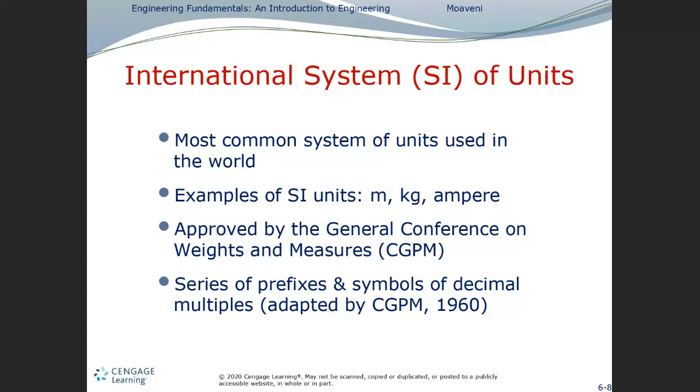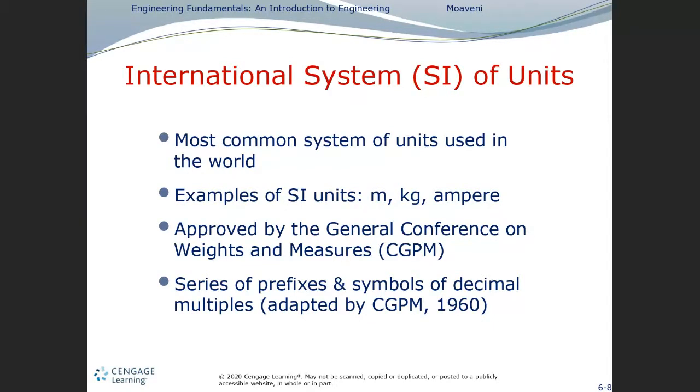Some people here in the U.S. will use imperial, but in a different country like Canada, some parts use imperial and also SI. If you were going to go to Europe, they use solely SI, so you're going to have to convert whatever you're doing from the US when you go to Europe.